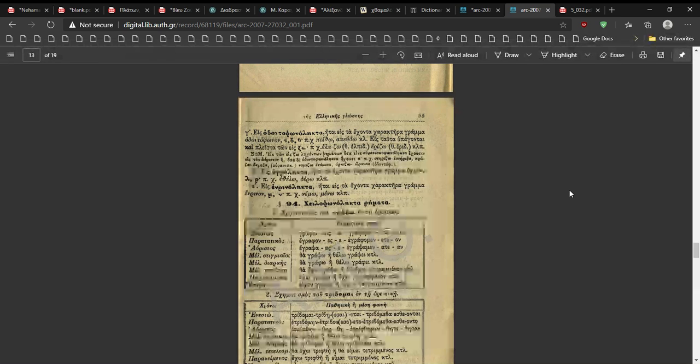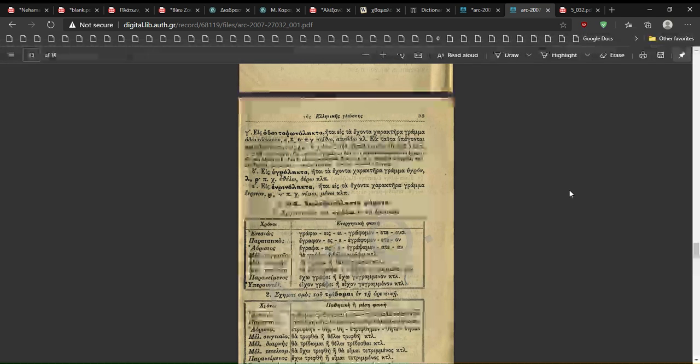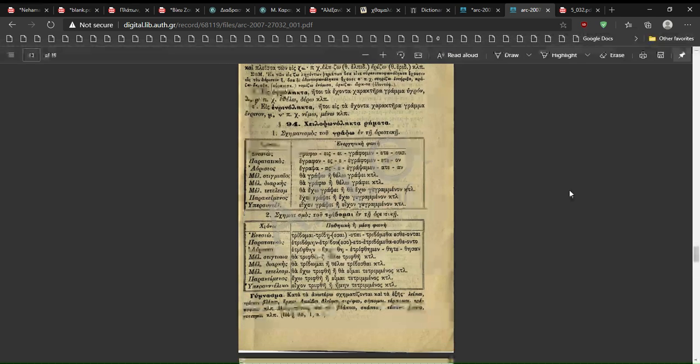But it's not even Katharevousa, let's say Katharevousa as was written by somebody like Vizinos or Papadiamandis, in the sense that Papadiamandis wouldn't really use the dative. Okay, but in this book you are taught to use the dative. Here notice this.